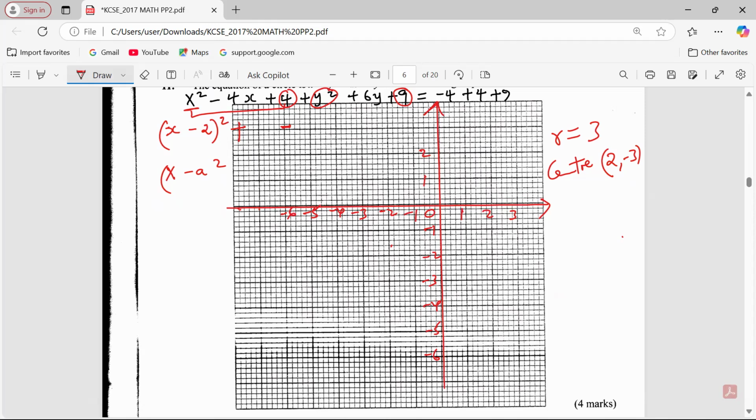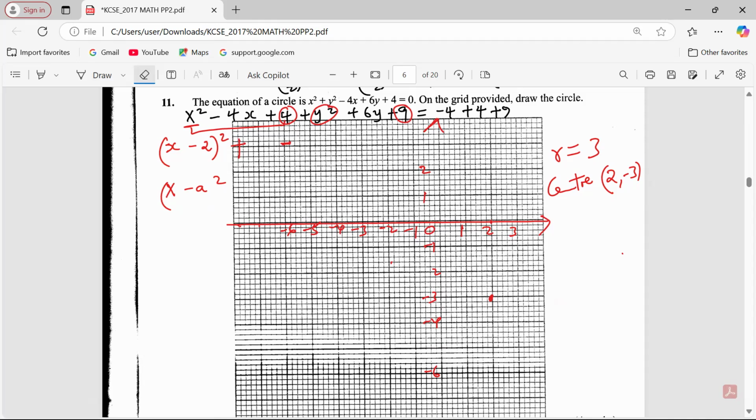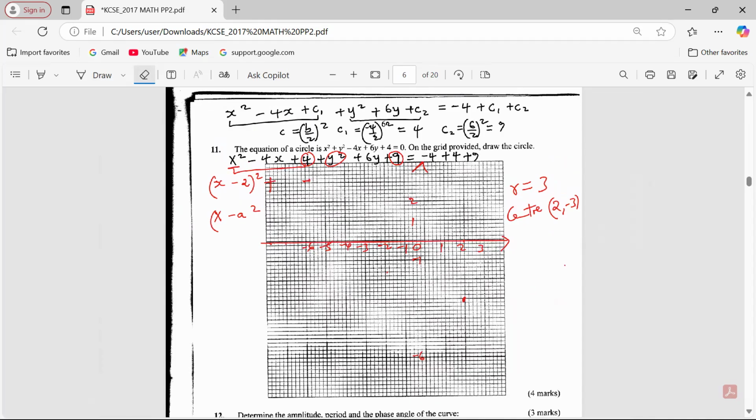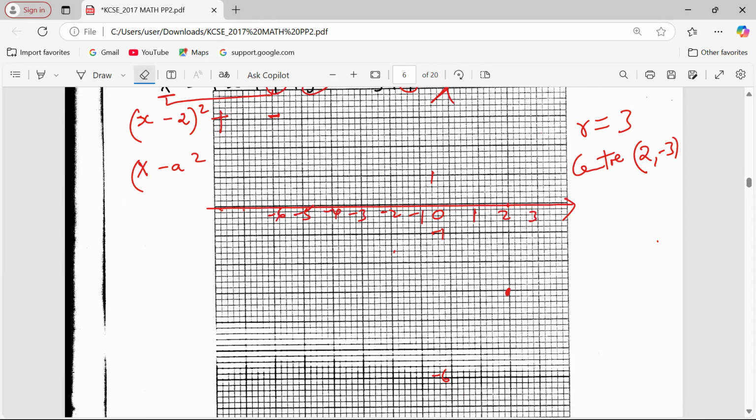Yeah, that way. So the center is (2, -3). So (2, -3) shall be here. That is the center. But now using 3 units, you discover that the y-axis should be moved to the left so that it accommodates all the units.